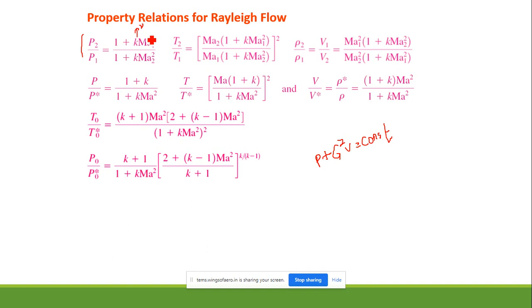In this book which I have referred, it is K, that's why I have put it like this, but you just put it as gamma. So P2 by P1 equal to 1 plus gamma Ma1 square divided by 1 plus gamma Ma2 square, or you can just say M1 square and M2 square. Same way, T2 by T1 equal to this. Just write all these formulas. These are the properties change, how the thermodynamic properties will change when we come across this Rayleigh flow.